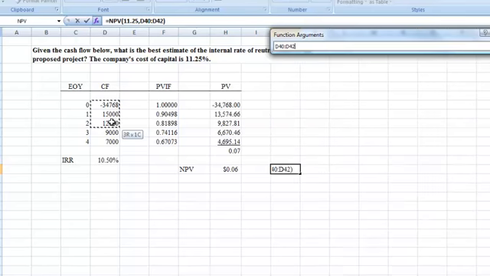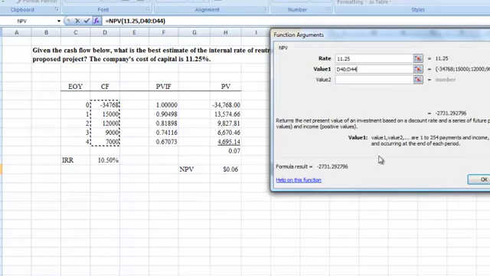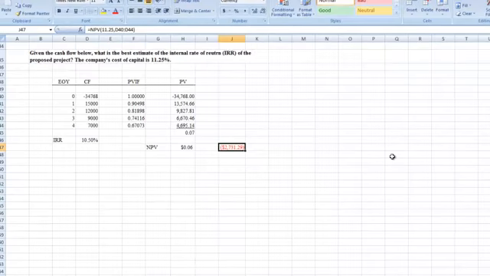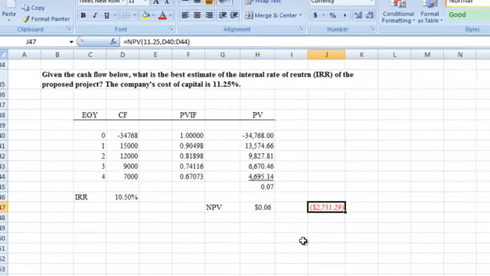We grab the original cash flows, and you can see the original cash flows are here. And that's going to give us a negative amount. A negative net present value means you would reject the project, because you're not going to get back enough to make anything. As a matter of fact, you probably stand to lose a little bit here.